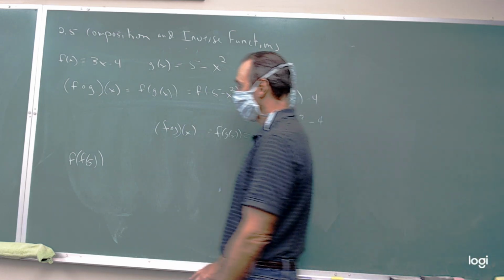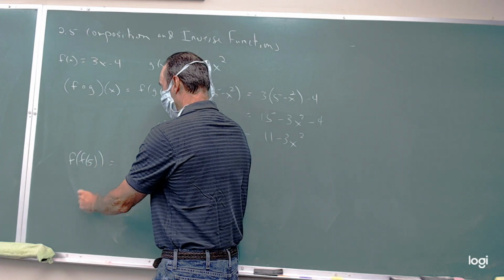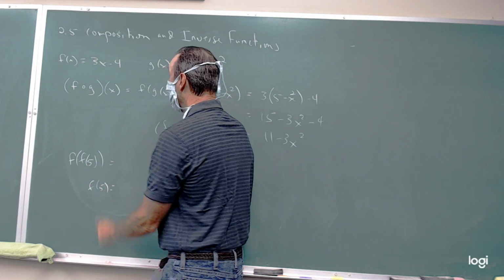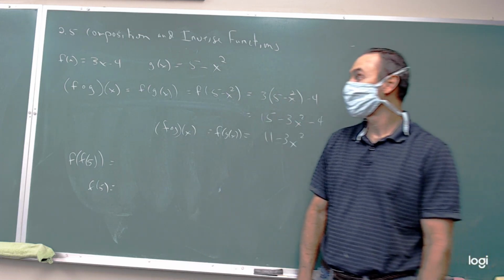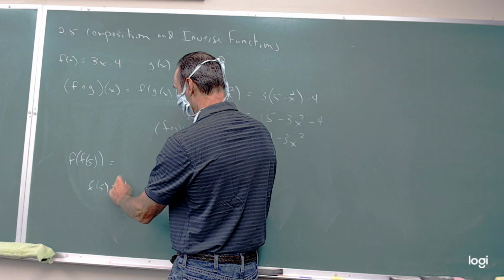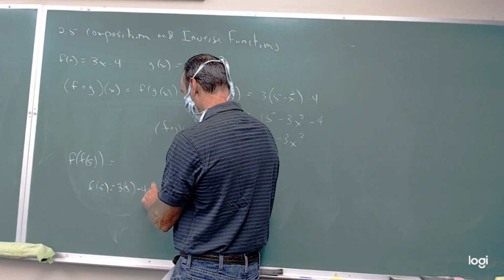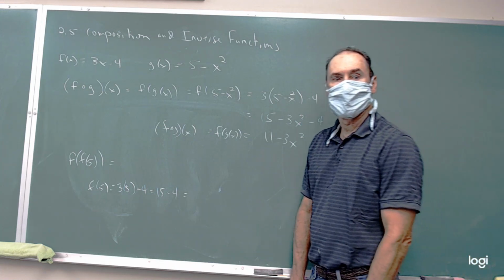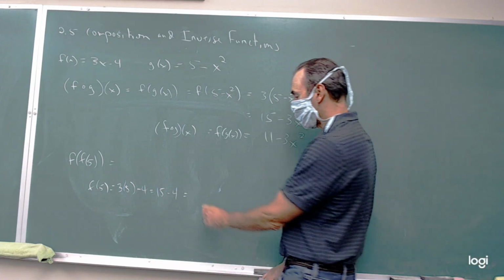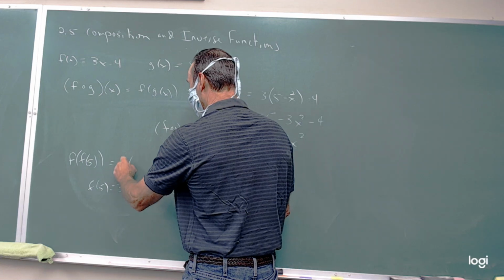And so in this case, we could take 5. So first we plug 5 into the function f in place of x. And so that'll be 3 times 5 minus 4. 15 minus 4 will get 11. And then we turn around and plug it right back into f again.